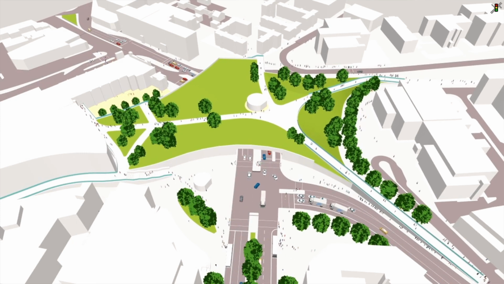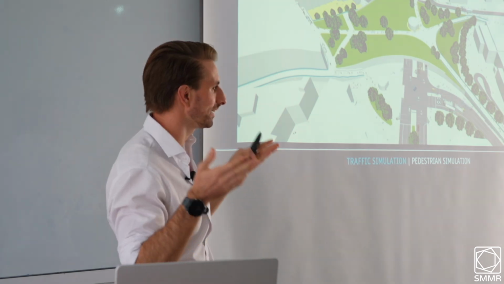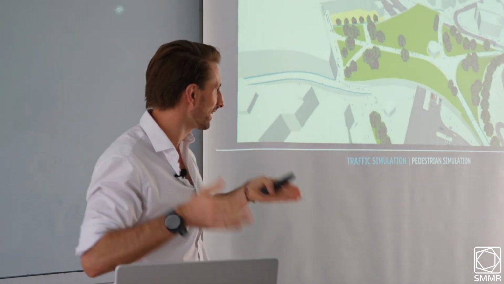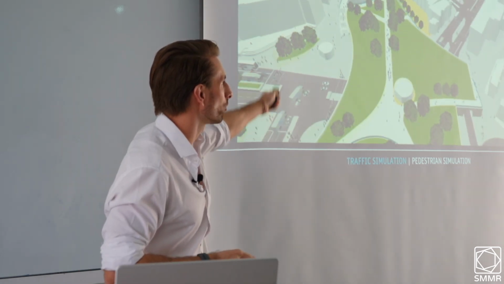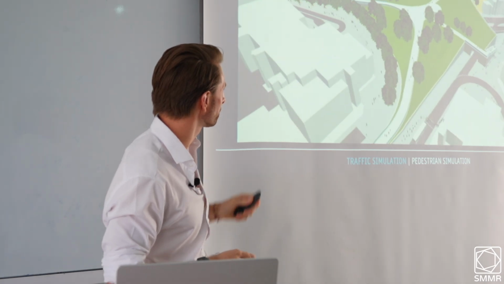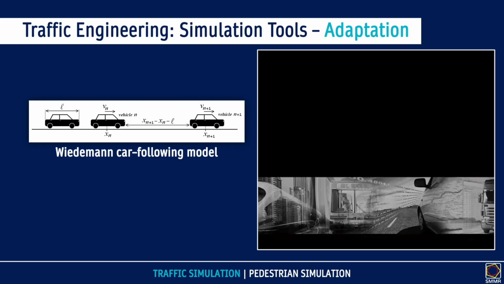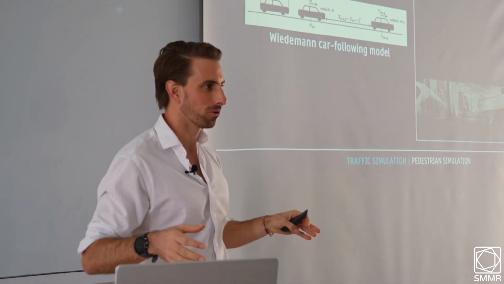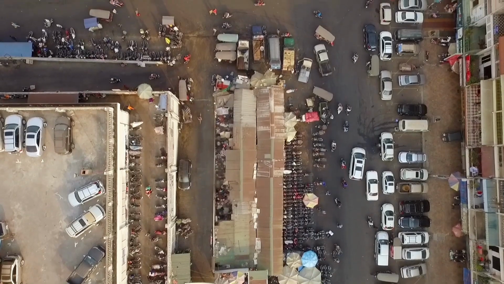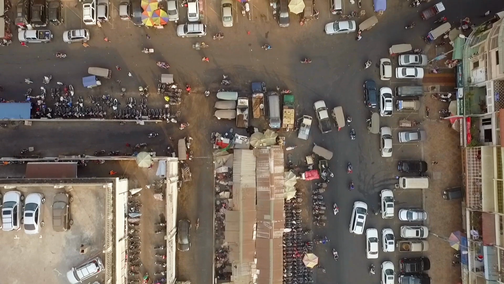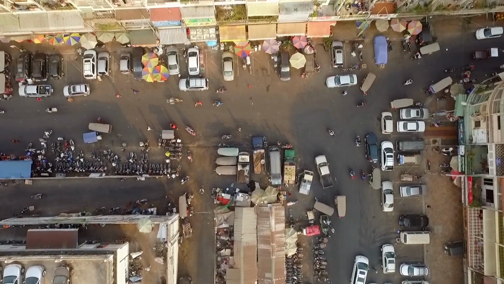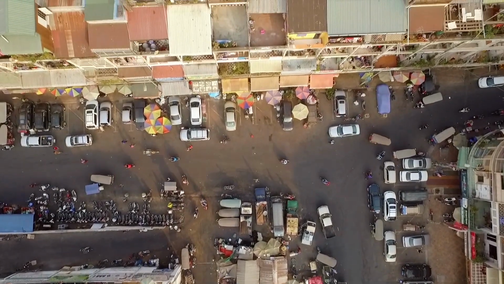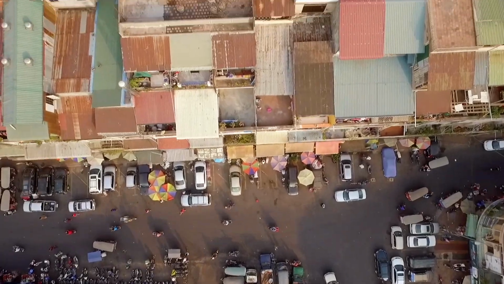So these are really nice tools because they give you some very sound technical analysis, but you can also create these nice visual outputs. And the way these work, we talked a little bit about how behavior is different. So in Cambodia, people drive, I wouldn't say people are aggressive, but they drive more aggressively. People can drive very close to one another.